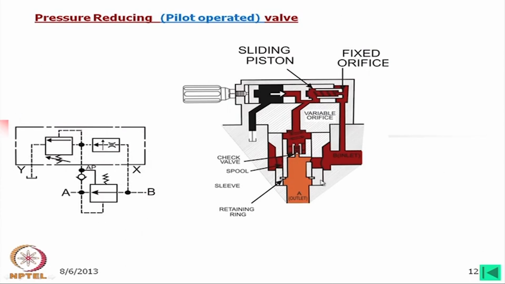Now, how does it operate? In this case, as you see, this is the inlet and this is the reduced outlet, and this oil is going through this, and also from the inlet side going to this pilot stage, which is controlled by this knob, and then this area here varies to give this outlet flow.